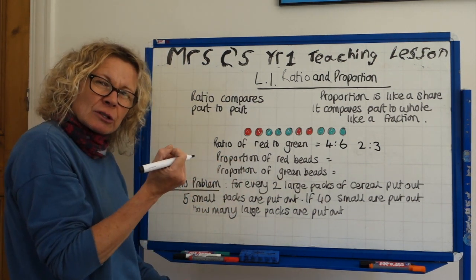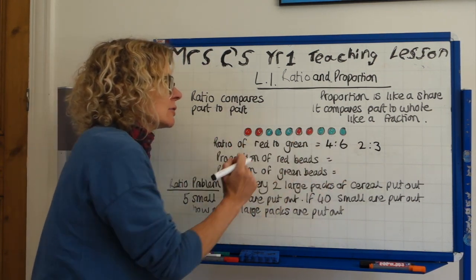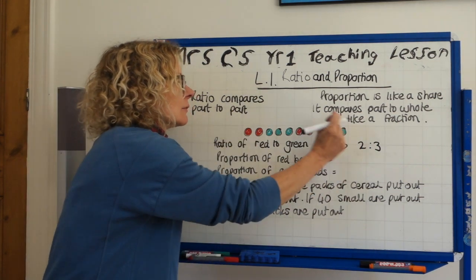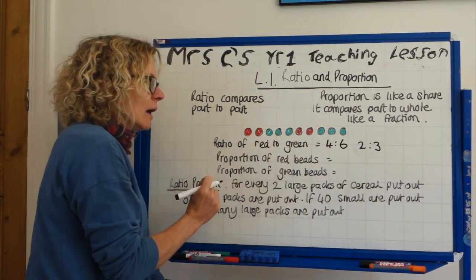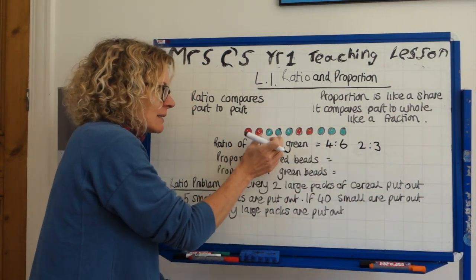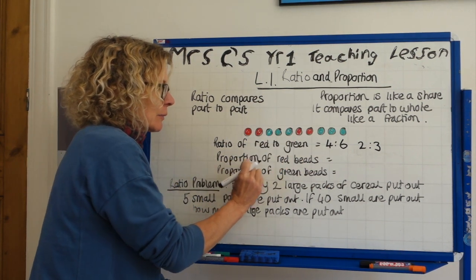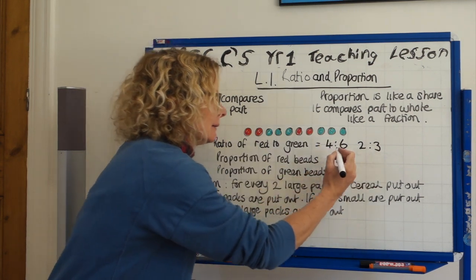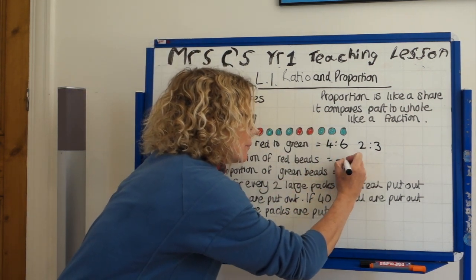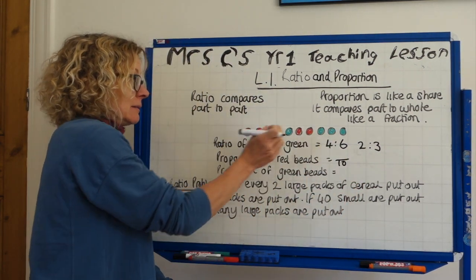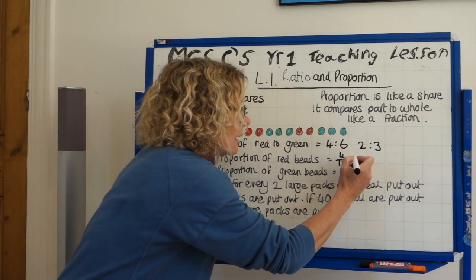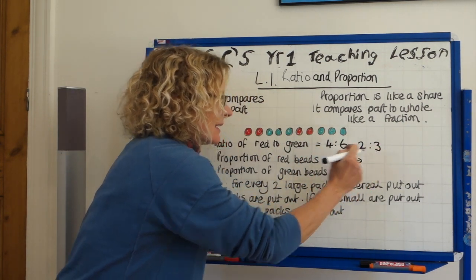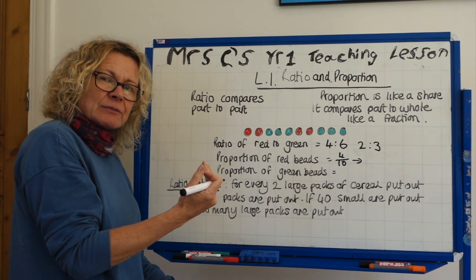What's the proportion in comparison to the ratio though? The ratio is comparing bit to bit. And the proportion, let's have a look at the whole. The whole is 10. So out of the 10 beads, how many are red? 4. But again, like this, you can simplify that.